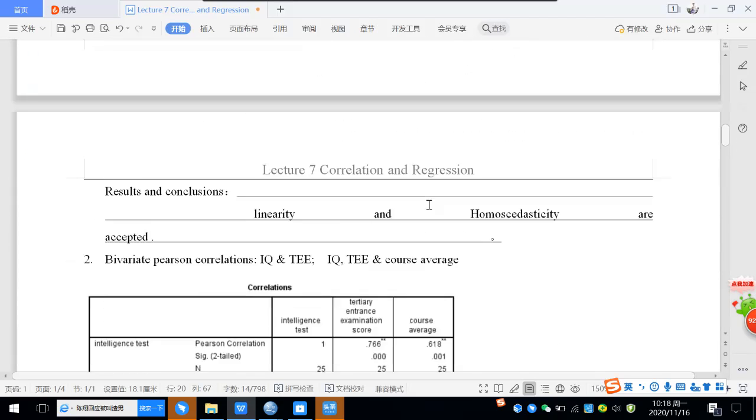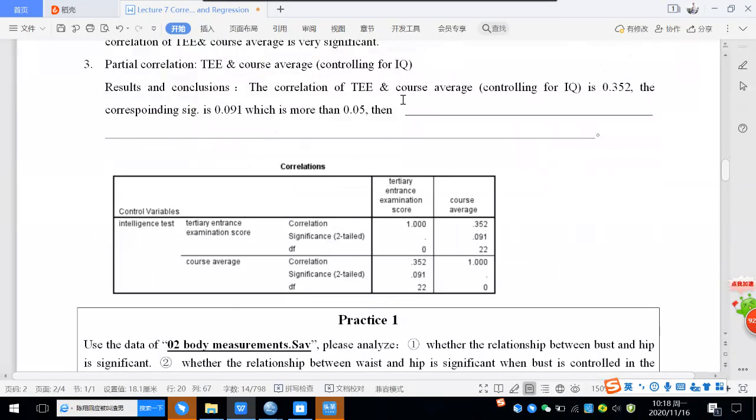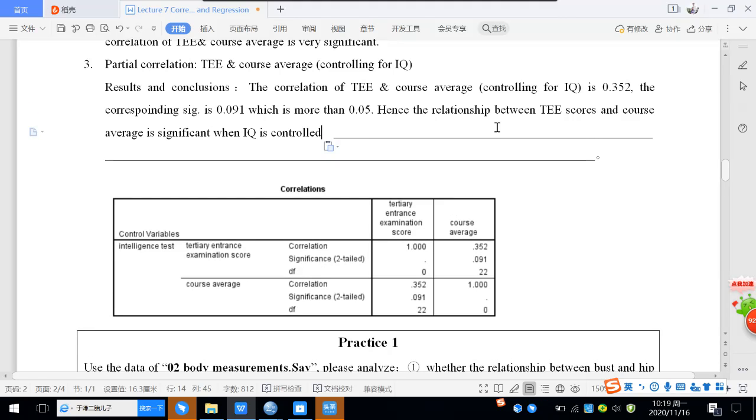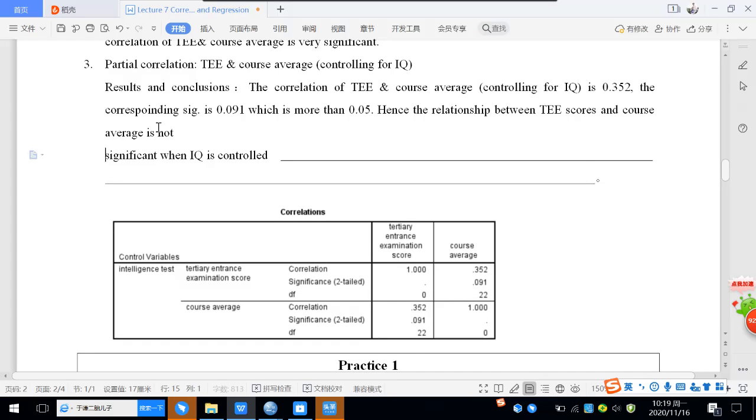Okay, here is the conclusion. It's not significant.